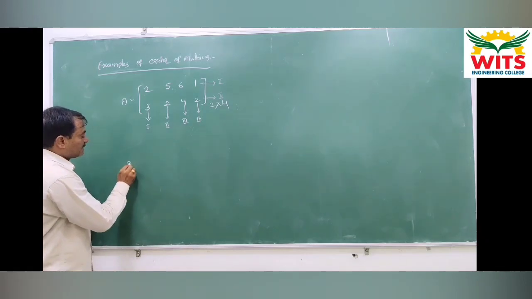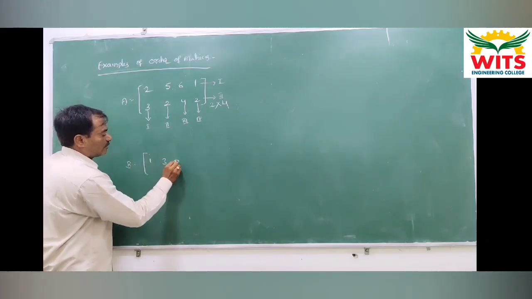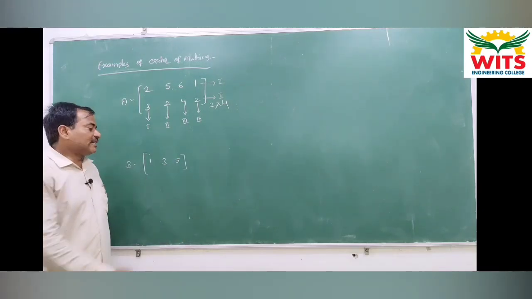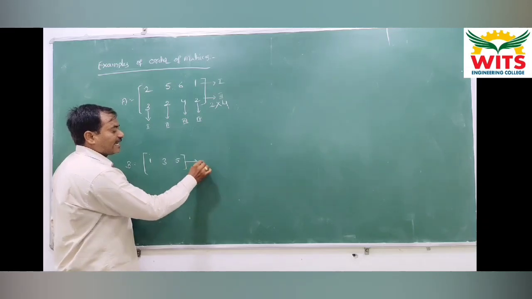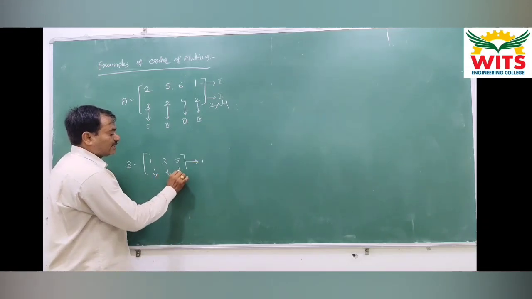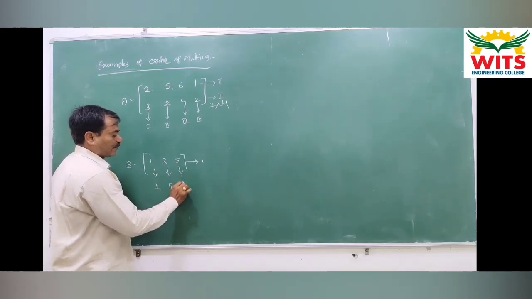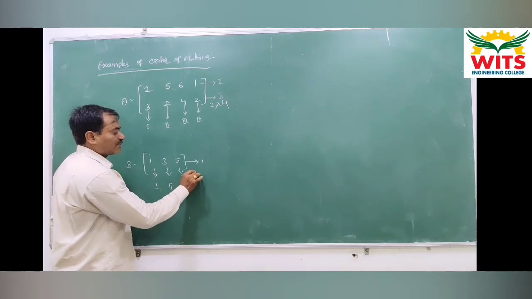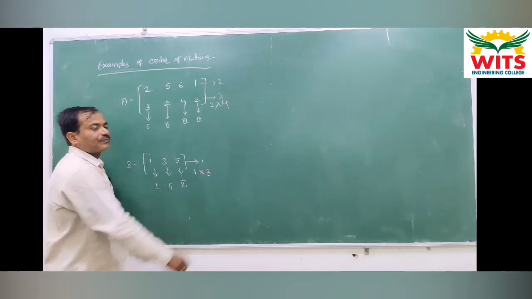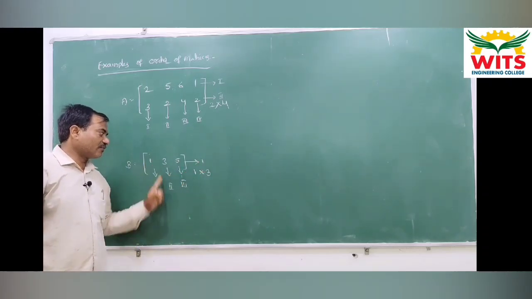We will see the next example. What is the order of this matrix? This matrix contains only a single row and it contains 3 columns. So the order of this matrix is 1 by 3. One indicates the number of rows, 3 indicates the number of columns.